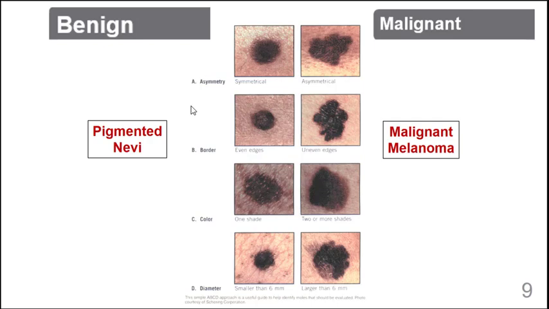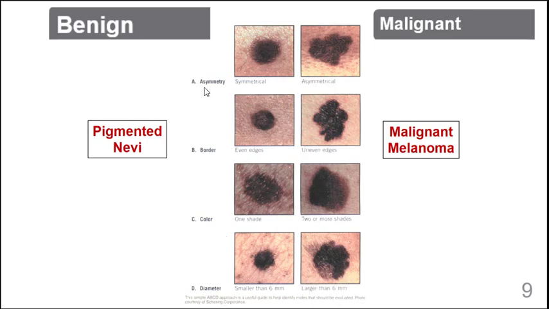What you can see on the screen in front of you is some of the important variables that are used when analyzing a mole or any skin lesion to ensure that it is benign versus malignant. And of course, actual biopsy and microscopic evaluation would be really the only way, but visual inspection can be very accurate, especially with the trained eye.